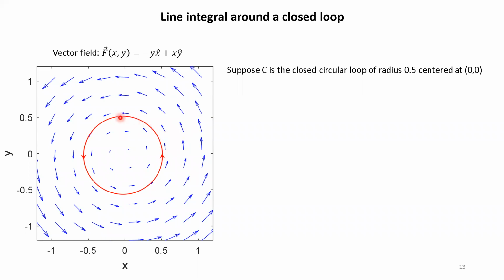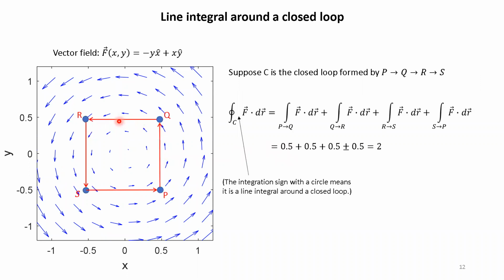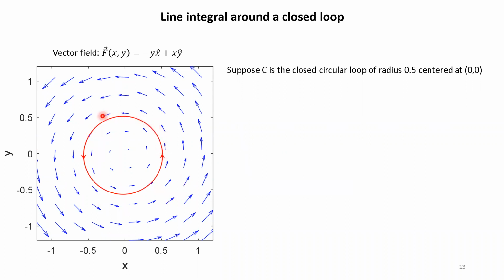Now if I have this circular loop, which is not new, I talked about it already, I don't need to divide the path into 4 parts, because I just need one parameterization, cosine t and sine t, to describe this trajectory.